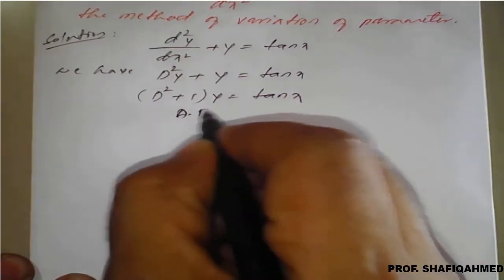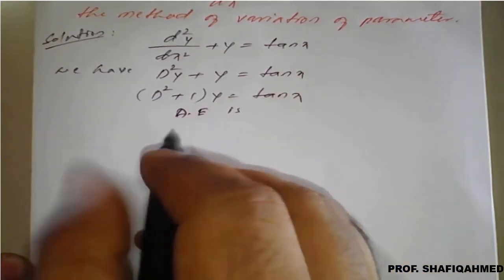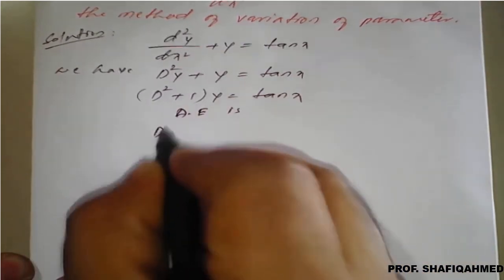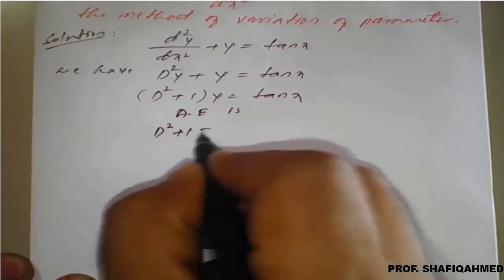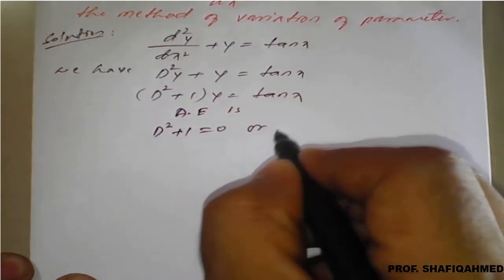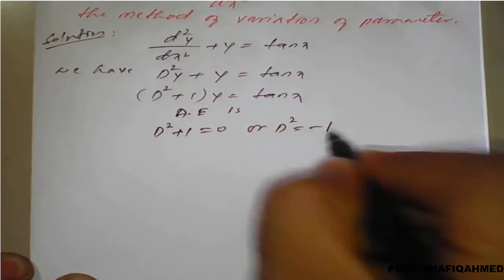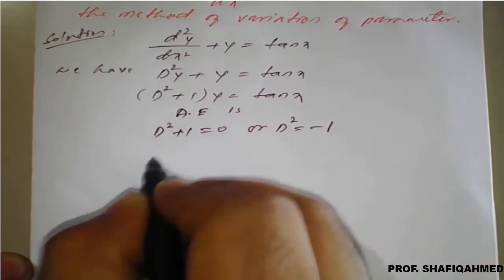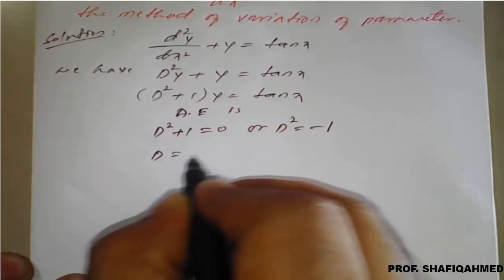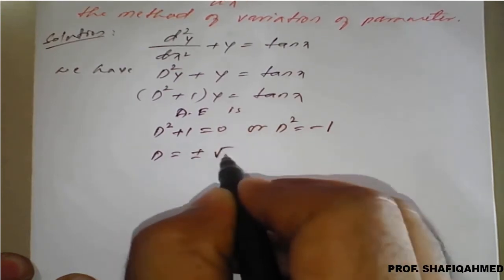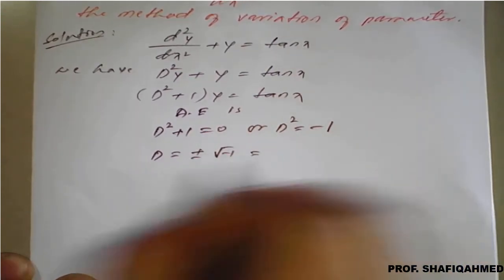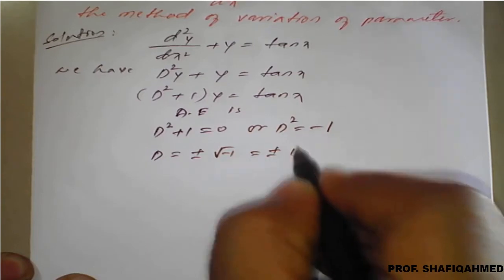Then the auxiliary equation is d square plus 1 equal to 0, or d square equal to minus 1, or on taking root, d is equal to plus or minus square root of minus 1, which is nothing but plus or minus i.